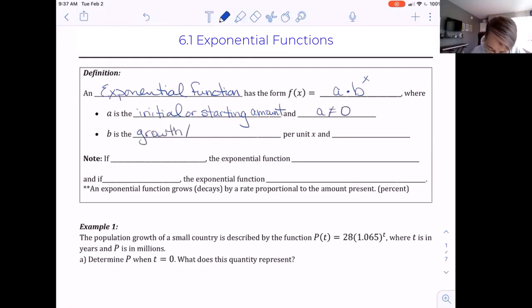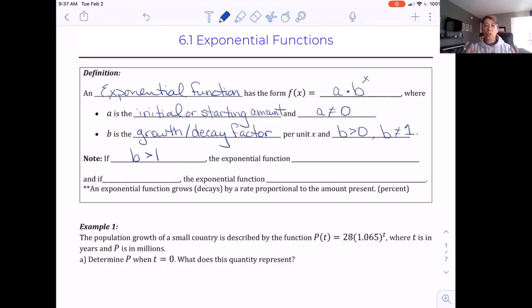B is the growth or decay factor per unit of x, and b has to be greater than 0 and it cannot equal 1. So there's a couple of things about b. If b is larger than 1, think of that 1 as a percentage.